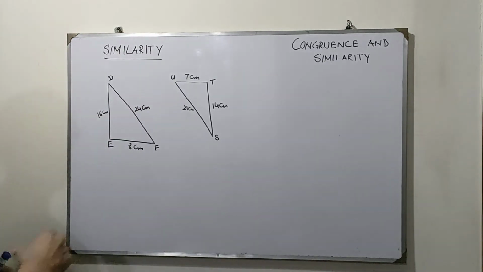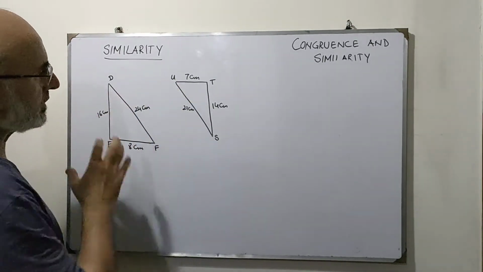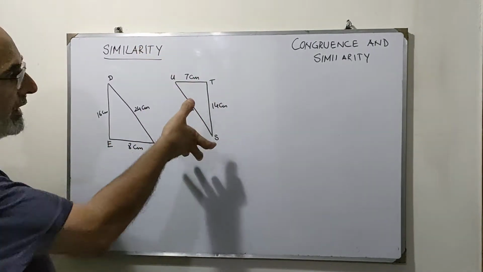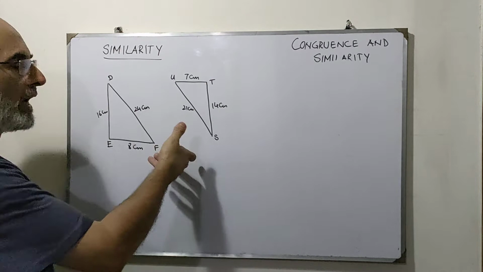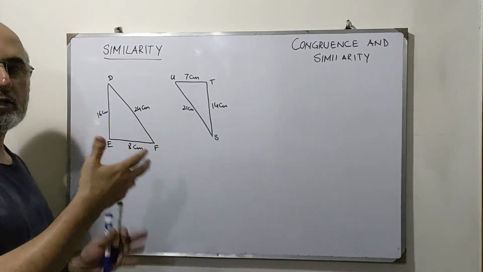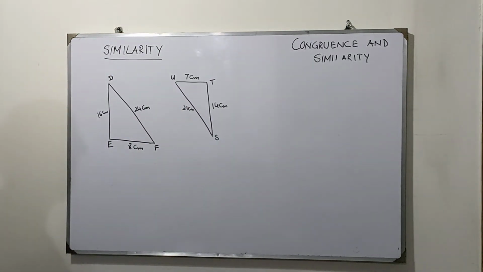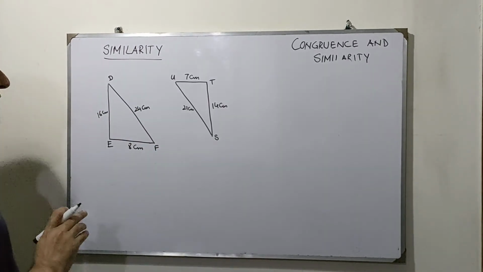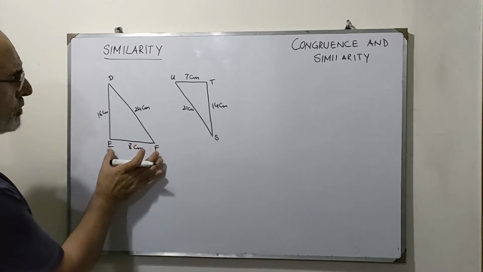Now, for these two figures, if you feel, you can just rotate it anti-clockwise, and you're going to have the figures in the same direction, and then it will be easier for you to solve. But I'm going to deal with it as it is. The first thing is, this is the smaller side.